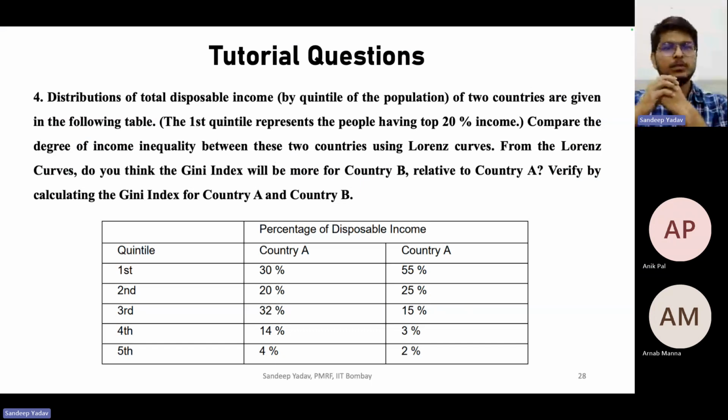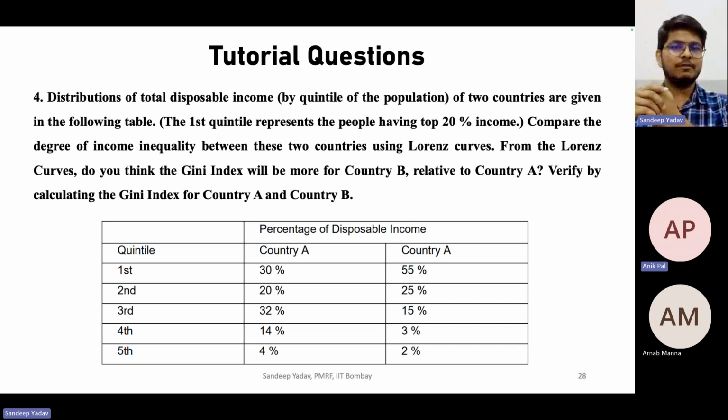This shows the distribution of the total disposable income by quintile of the population. The quintile is also the fraction of population: the first 30%, second 20%, 32%, 14%, and the first quintile represents a total of 20% income.